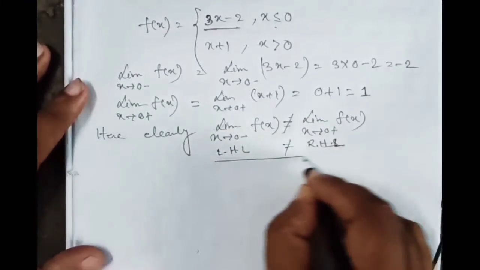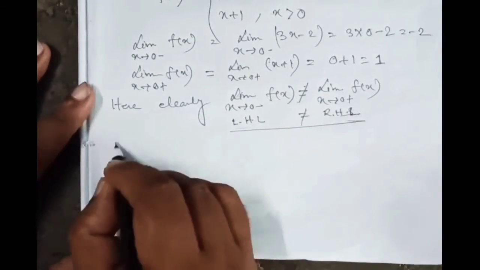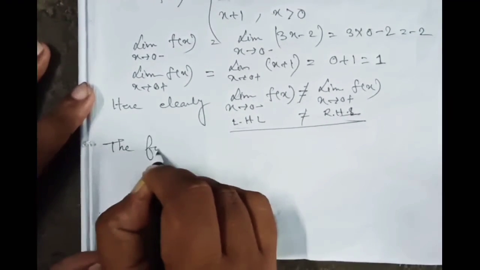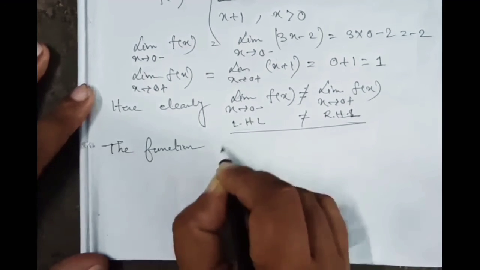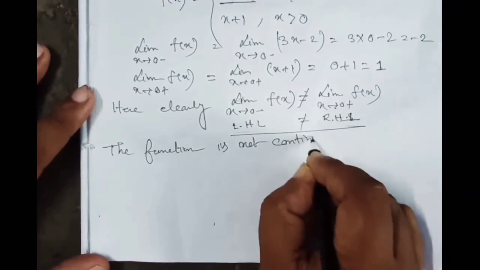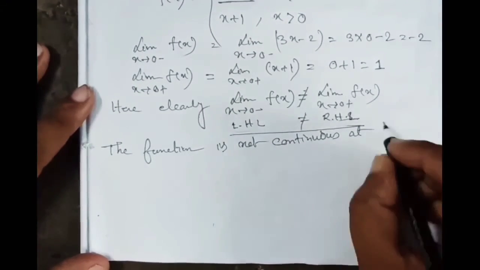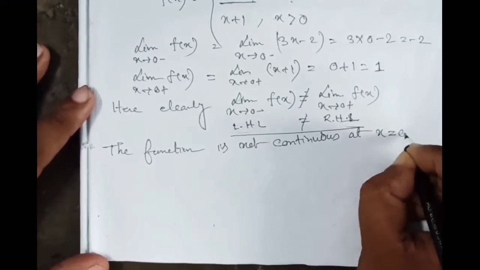Okay. So, we can say that the function is not continuous at x equals to 0.